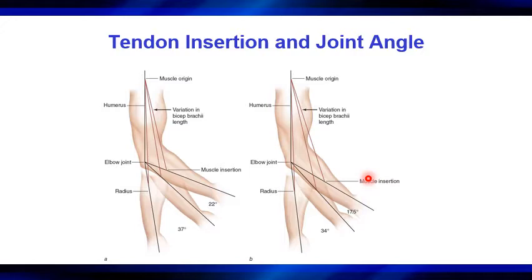However, there's less rotation per unit of muscle contraction, so it's a little slower. Whereas over here the insertion's a little closer, but the range of motion accomplished per unit of muscle contraction is greater. So you can get a faster contraction here, and a stronger contraction here.